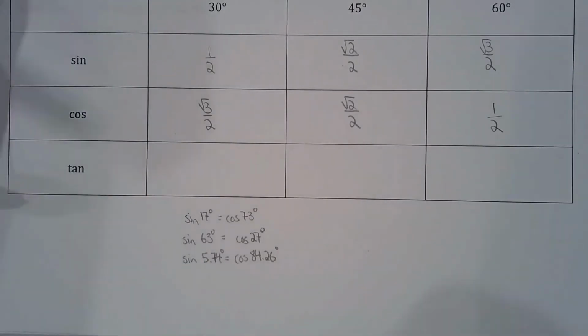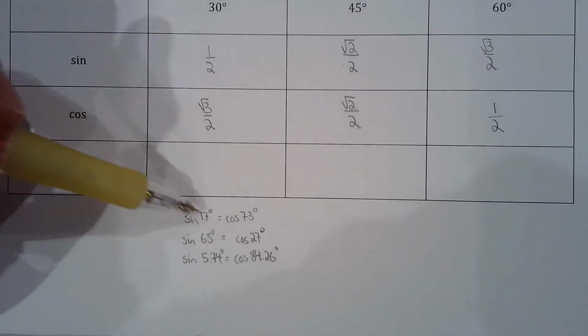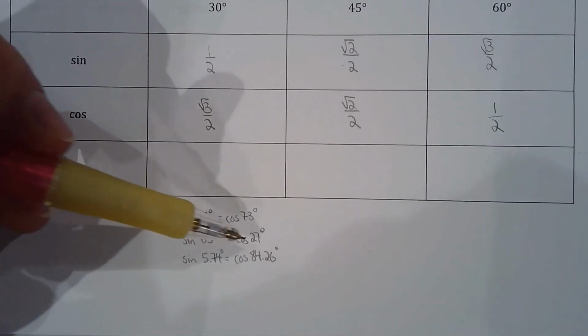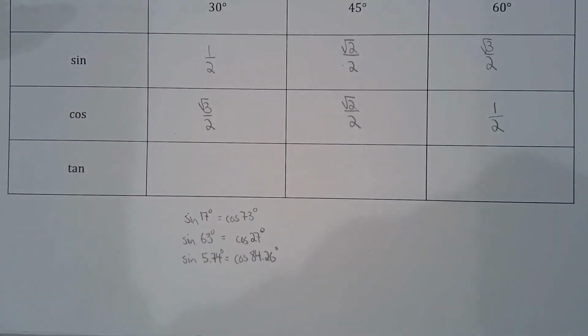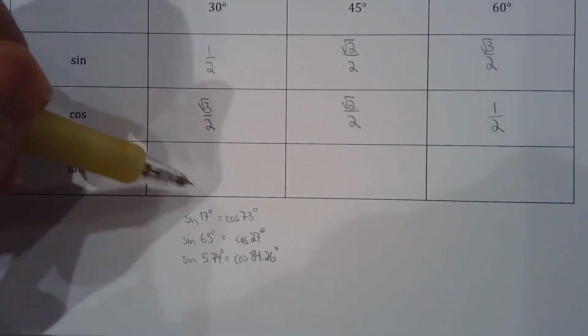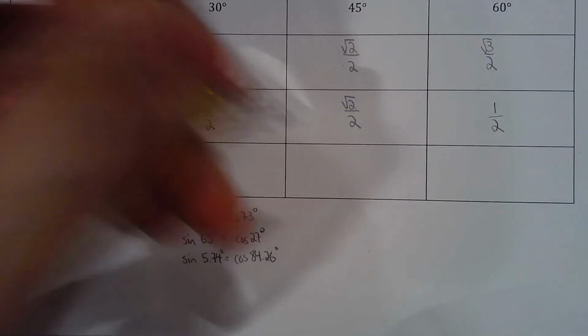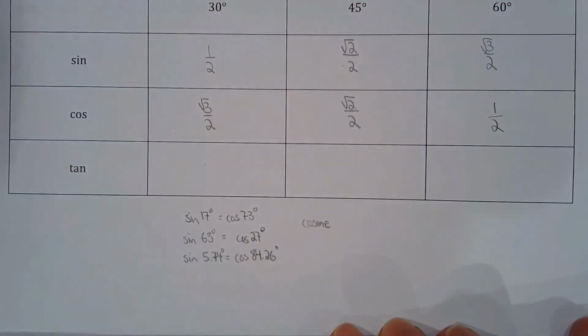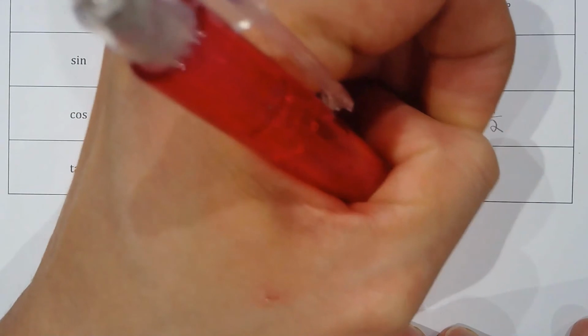So what's the pattern here? Hopefully you can see a relationship between 17 and 73 degrees, between 63 and 27 degrees, and between 5.74 and 84.26. What is the relationship? The angles are complementary. They add up to 90 degrees. So when I think of the meaning of cosine, it's sine of the complementary angle.